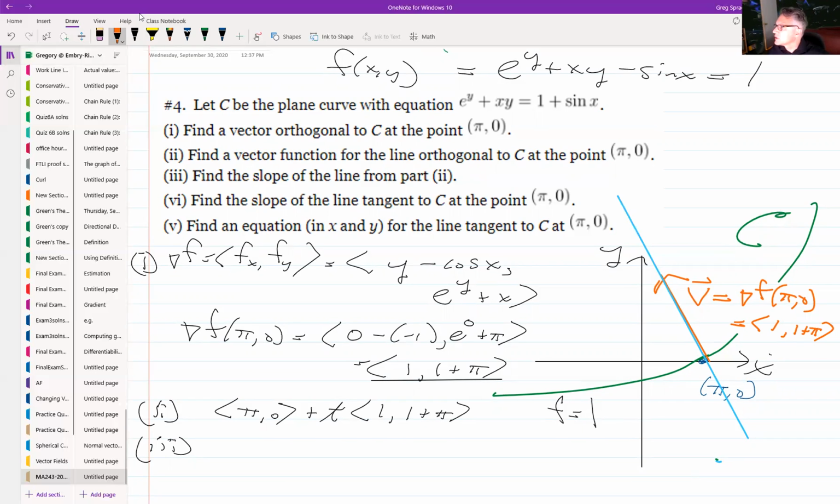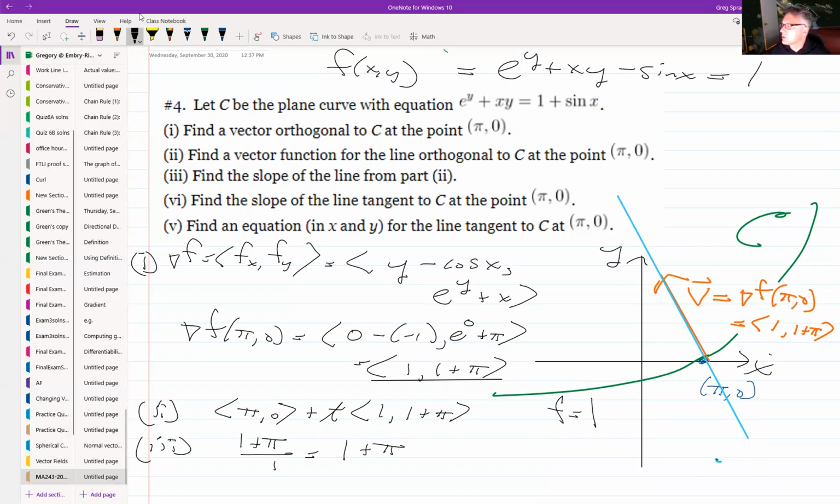Unfortunately for all of us, that vector actually goes to the northeast. So you take the j component over the i component, and you get 1 plus pi over 1, which is 1 plus pi.